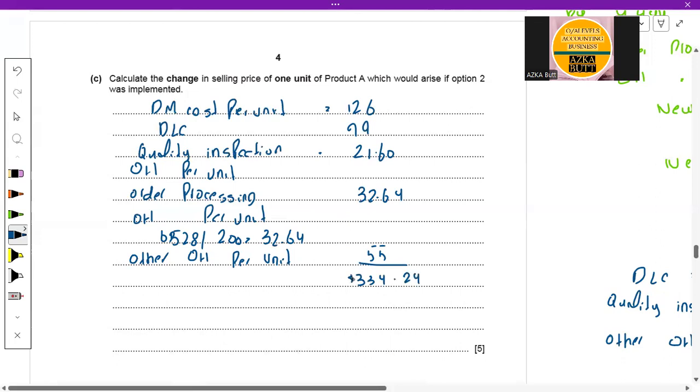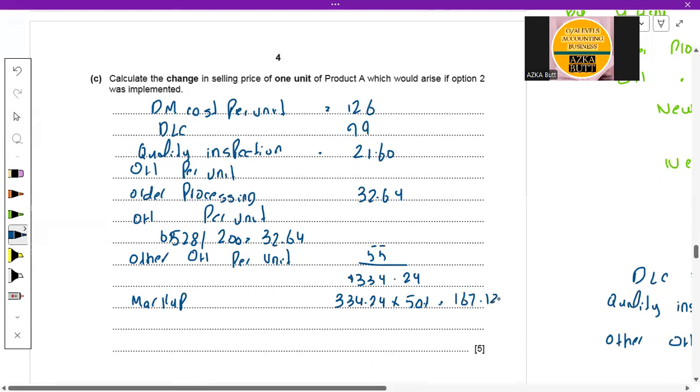So thus the total cost per unit would be $334.24. And in step 5, the markup is 50%, which we have to add. So 334.24 multiply 50% is equal to 167.12.